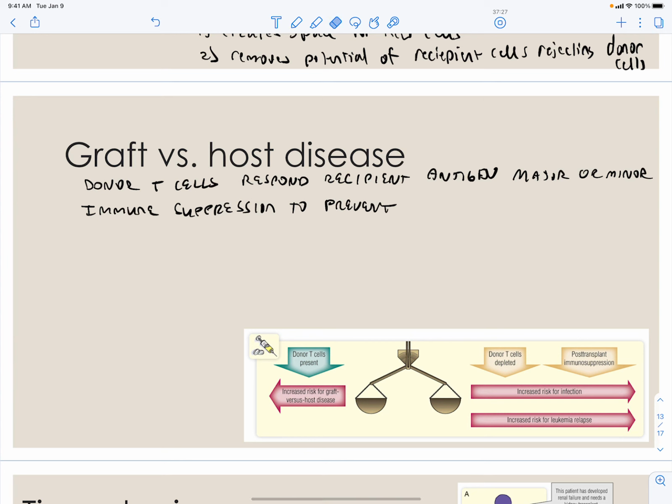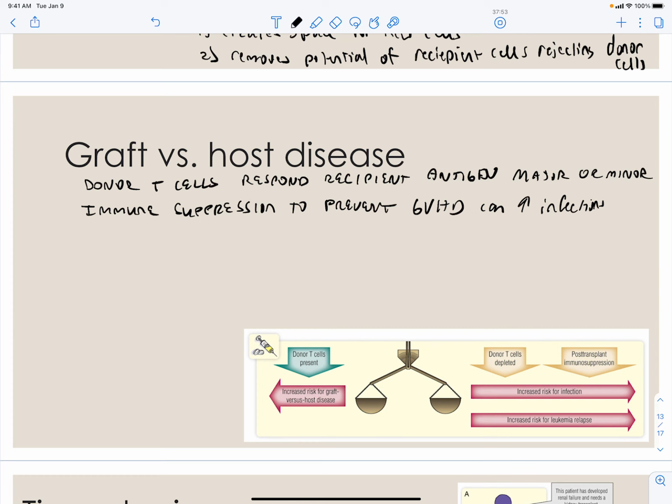Oops, graft versus host, sorry, GVHD. So this can increase infections. Now, acute graft versus host disease is going to occur about 4 weeks after the stem cell transplant. Again, this is T cell driven, so it has that acute timeline.